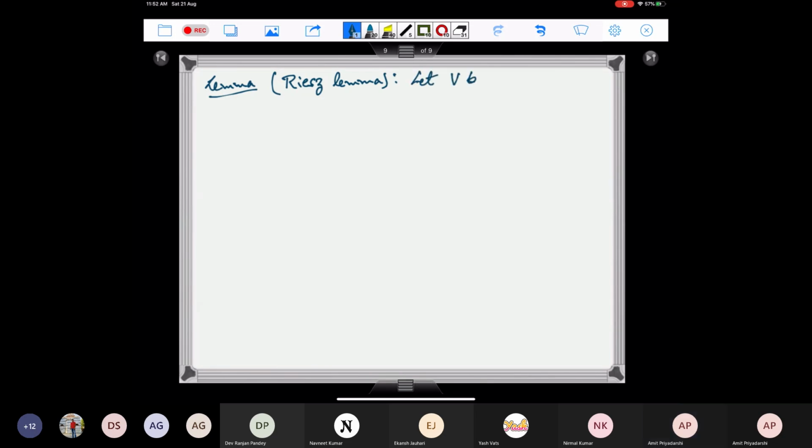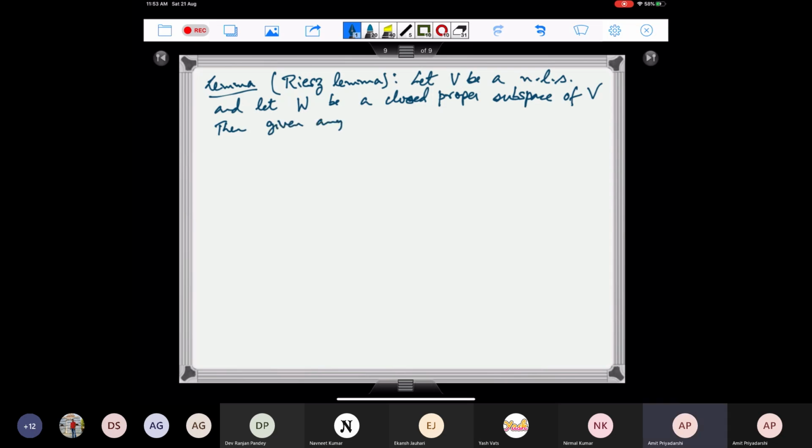So let V be a normed linear space and let W be a closed proper subspace of V. So V is any normed linear space, and W we are taking as a closed and proper subspace of V. Then given any epsilon positive, there exists a vector u in V. So this will depend on epsilon.